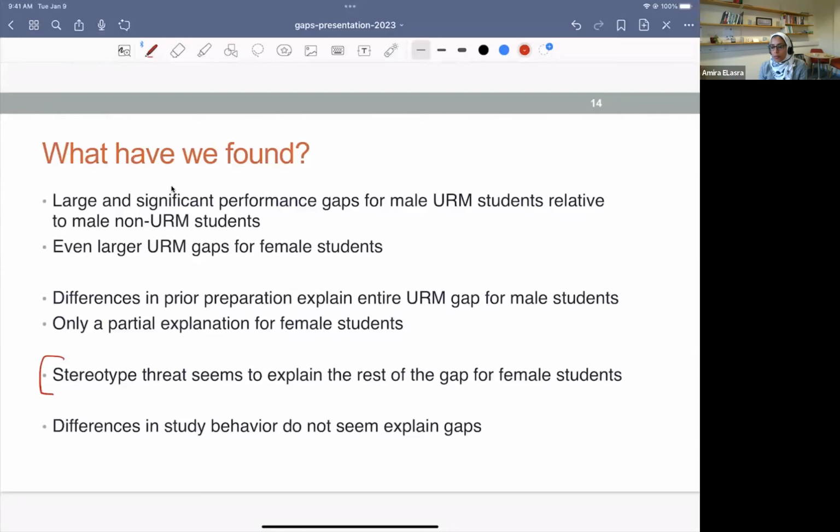So I think there are two problems with using course evaluation data to get at it. One is, I think it's hard to code.